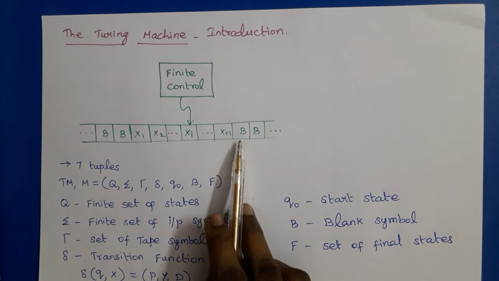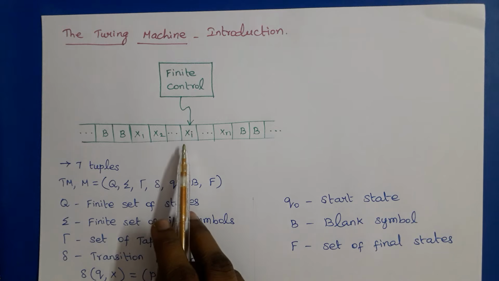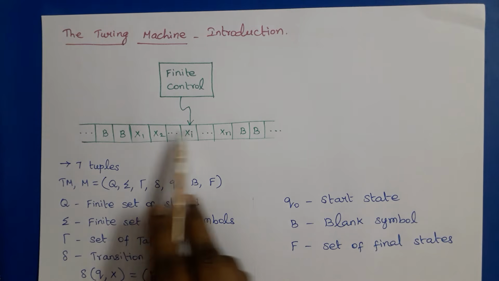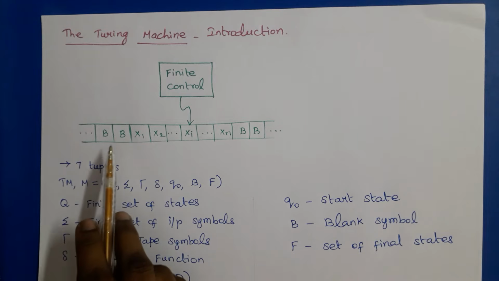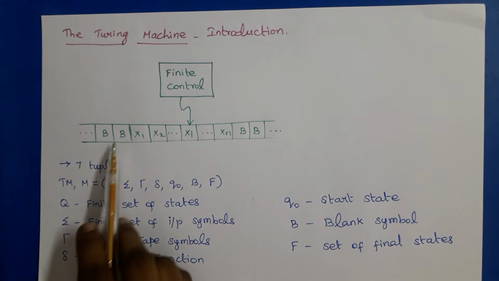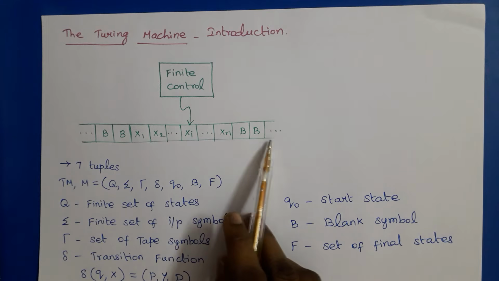Blank is a special tape symbol. So initially, if we want to check whether a string is accepted by the Turing machine, we first need to load the string on the tape, and the cells on the left side as well as the right side will all hold blank symbols.